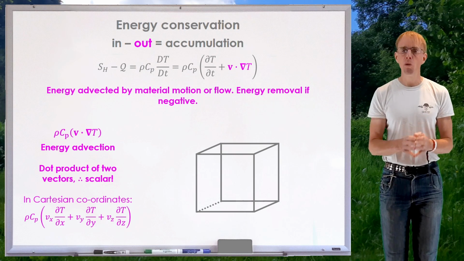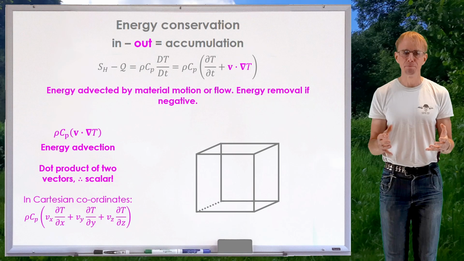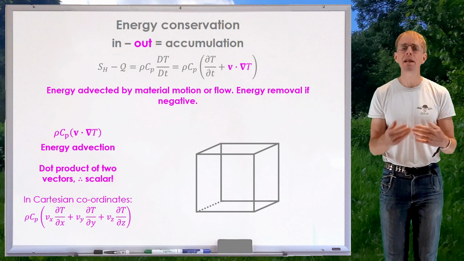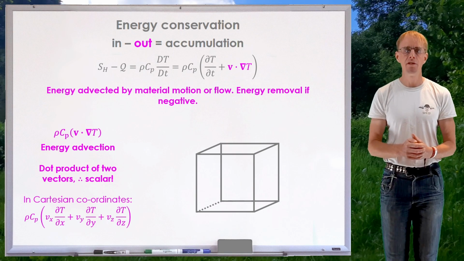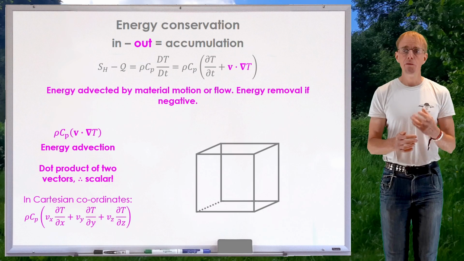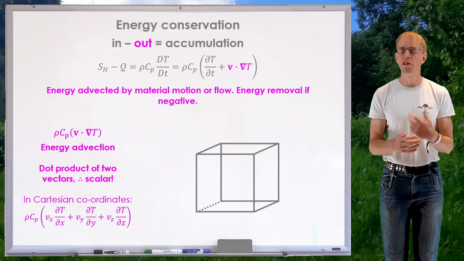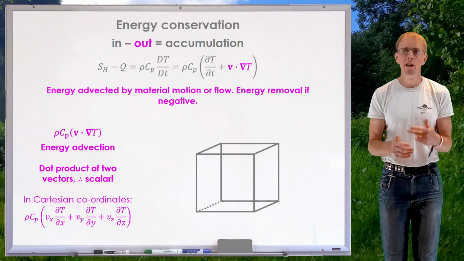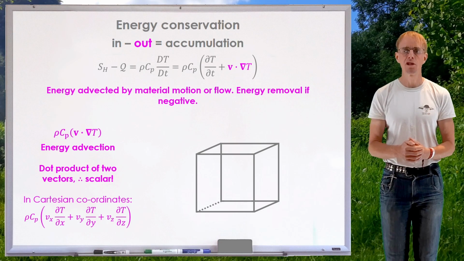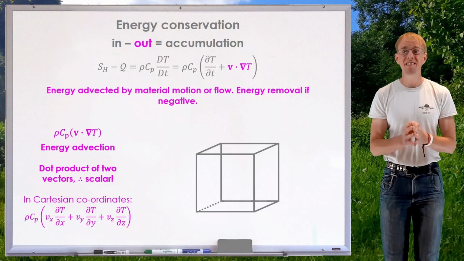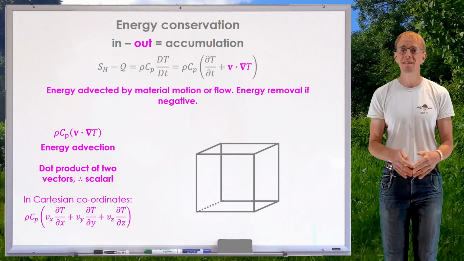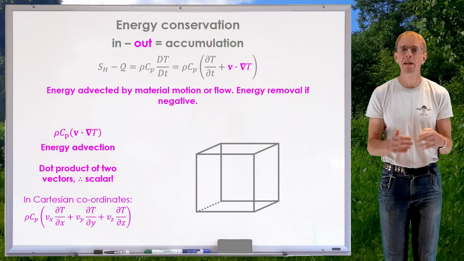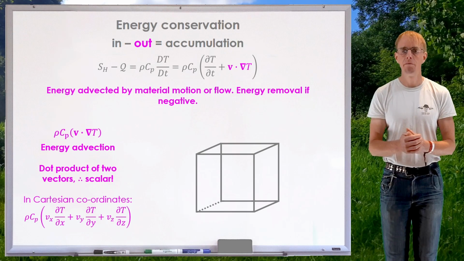In a simple coordinate system, let's expand this out, because we need to be familiar with operating with these vector quantities. V is just a vector of velocities in Cartesian coordinates Vx, Vy, Vz, the motion of the fluid in each of the three coordinate directions. Grad T is simply a temperature gradient. It's dT by dx, or dT by d coordinate dimension.